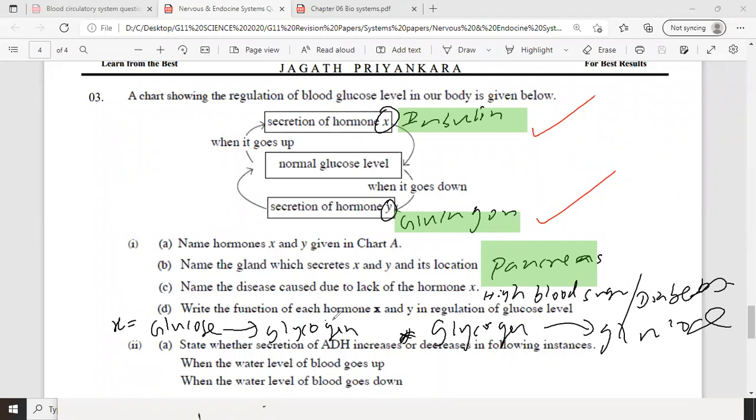Part 2a. State whether the secretion of ADH increases or decreases in the following instance. When the water level of blood goes up, there will be less ADH, because the function of ADH is to increase the reabsorption of water. When the water level goes down, more ADH is secreted, with more reabsorption of water.